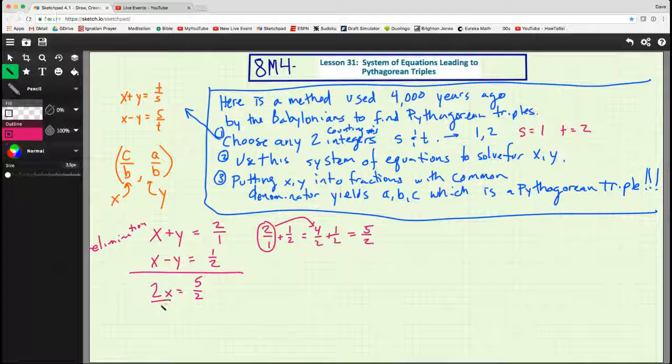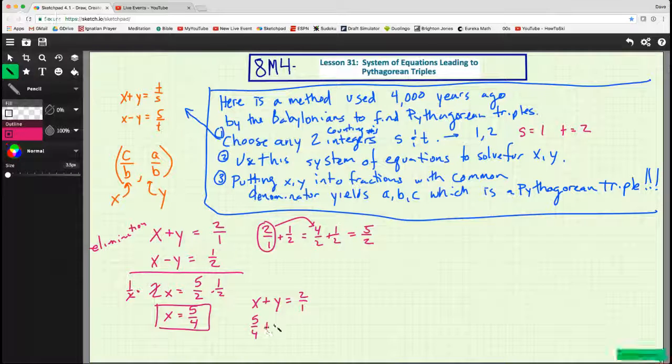So if I divide both sides by 2, or let's see, I'll multiply it by half. That's an easier way to see the answer. So I get x equals 5/4. So there's my x. Now let's solve for y. So x plus y equals 2 over 1. So 5/4, this should be old hat to you now, plus y equals 2 over 1.